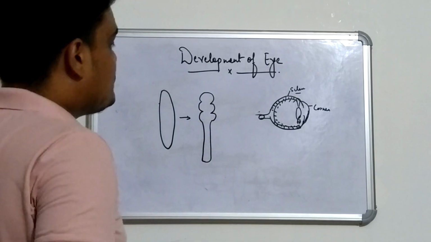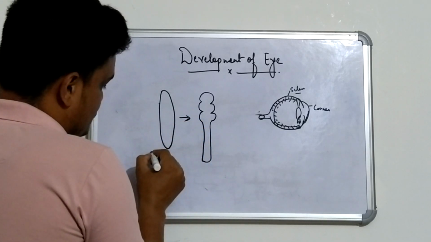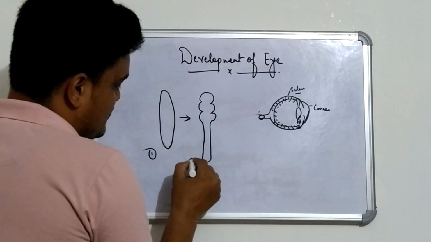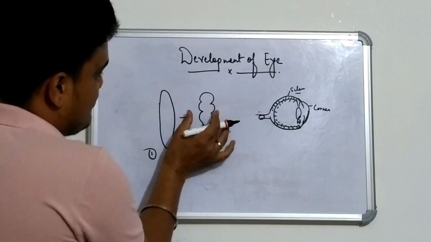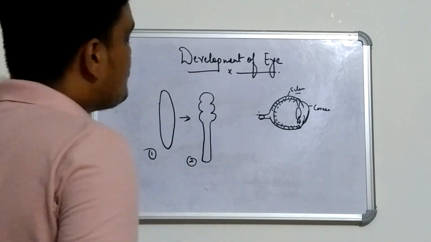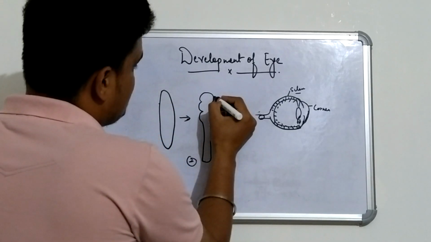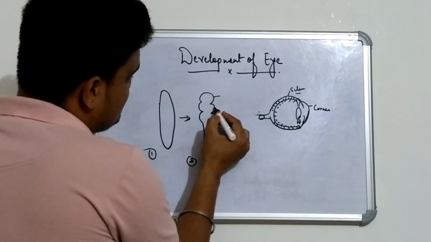When it goes to a formation of a bulging, a popping out area in the upper portion of the neural tube, this is called the forebrain.